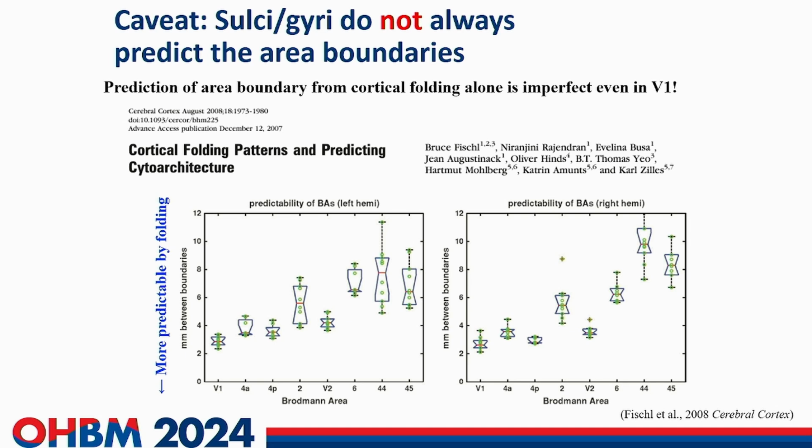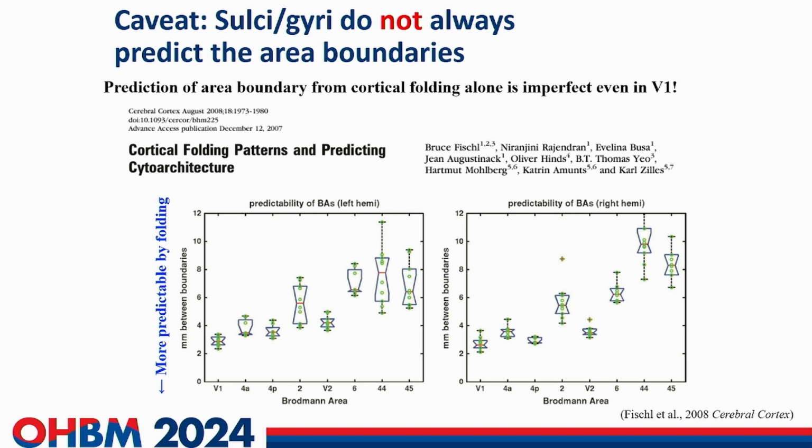Their vertical axis indicates how well they could use the cortical folding pattern to predict the cytoarchitectonic boundary of human brain areas. A lower number means the model prediction from folding is better. As you can see, the leftmost is V1, the so-called primary visual cortex. You can make a reasonable prediction by folding alone, but you can still see some error at the level of maybe 2 millimeters on that scale.